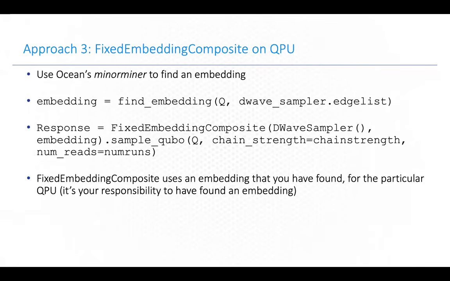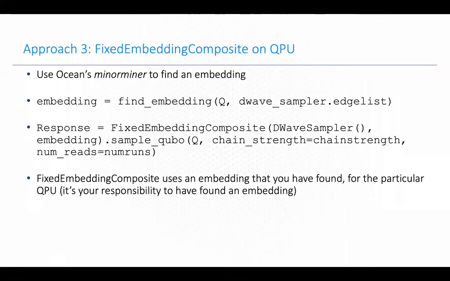The way it is called is you import minor, which I didn't show, but then find embedding, and you give it the matrix that you have, and that tells it which qubits you want and the couplers. But this thing here, the D-Wave sampler edge list, tells the embedding algorithm here are the qubits that are involved on this chip.